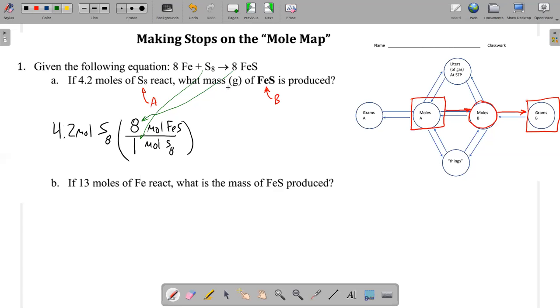But the problem is to calculate how many grams are produced. So we've got to convert from moles to grams, and you convert from moles to grams using the formula mass. So every 1 mole of FeS, I don't know, I've got to find it. Got to get me a periodic table.